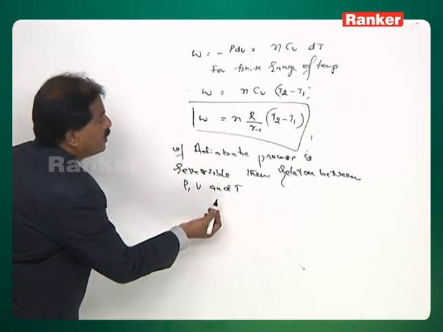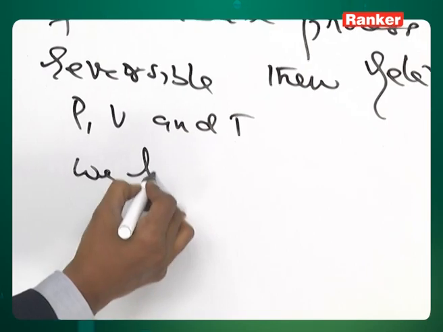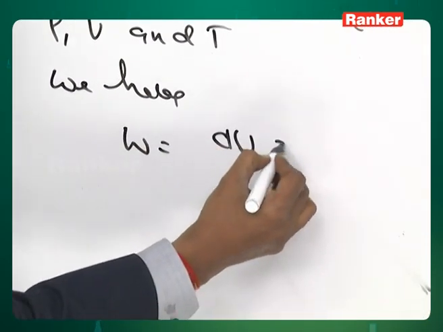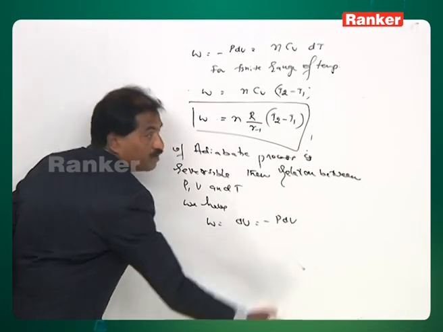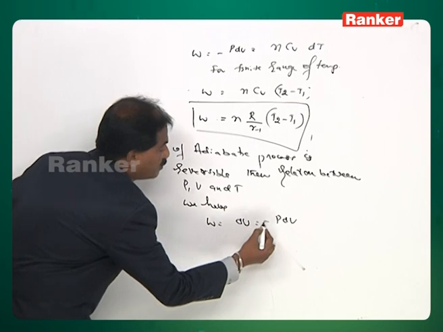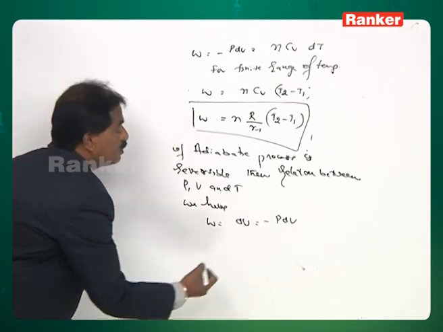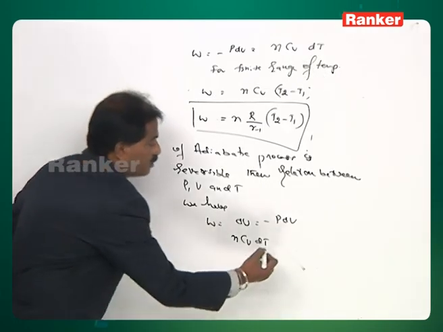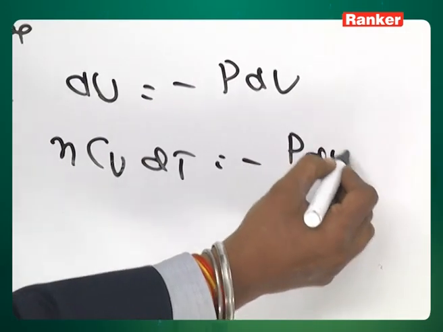So for these relations, let us say we have W is equal to dU, that is equal to minus P dV. Next, dU is equal to minus P dV. dU is equal to nCv dT. This is equal to minus P dV.